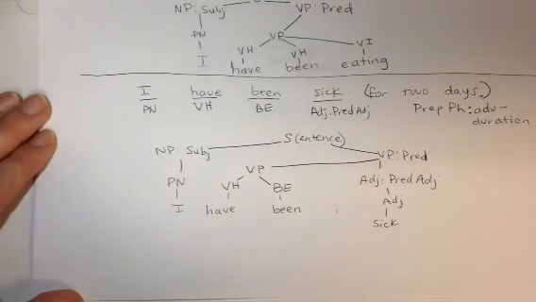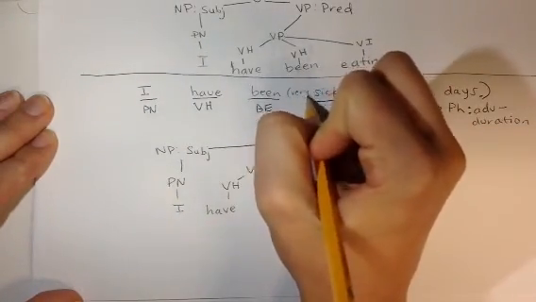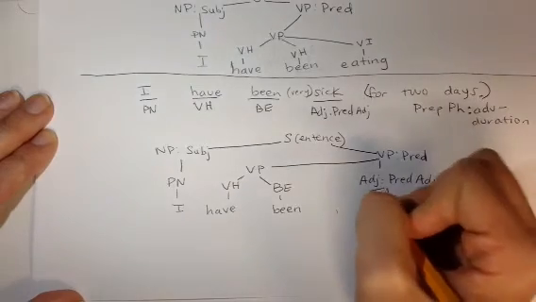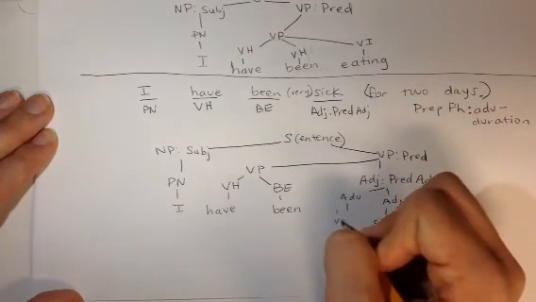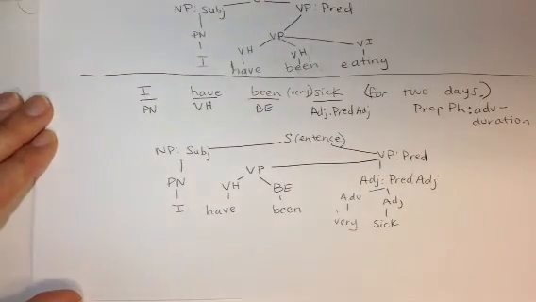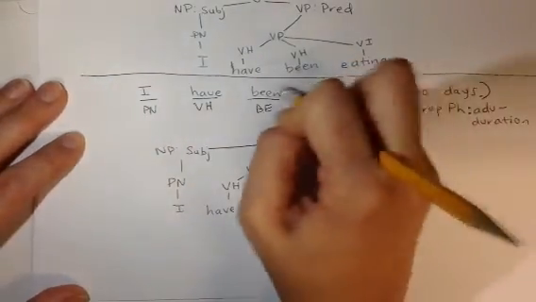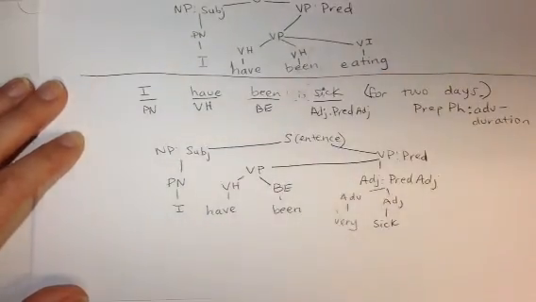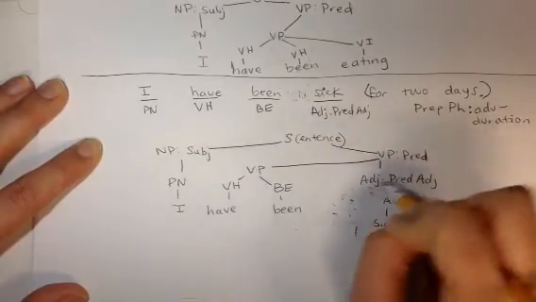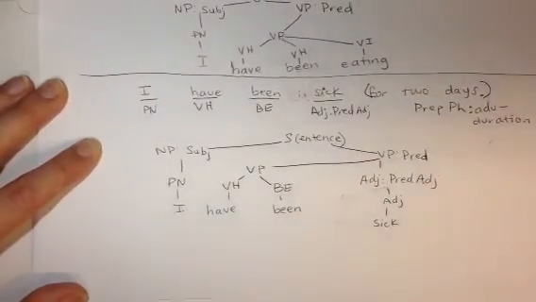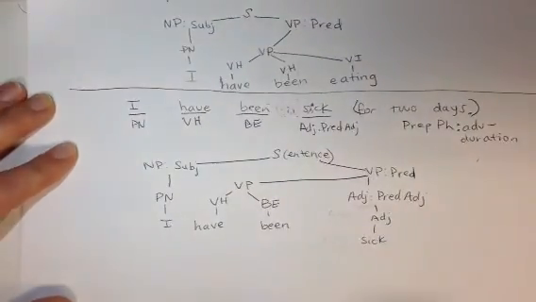If I had added in very, I would attach my adverb and say very, because very is describing how sick I am. But I didn't say that, so I can erase that. Okay?